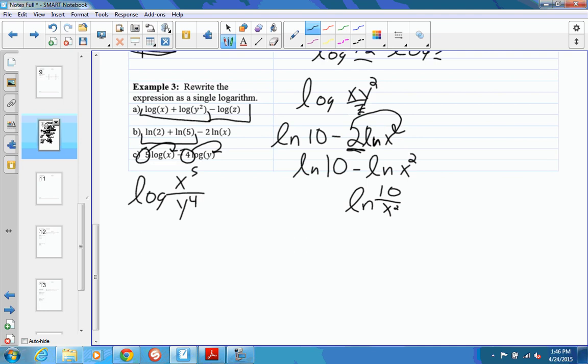The only thing I care about is that my bases are the same. So this is log of x to the 5th minus log of y to the 4th.